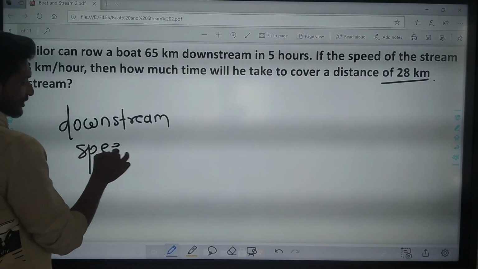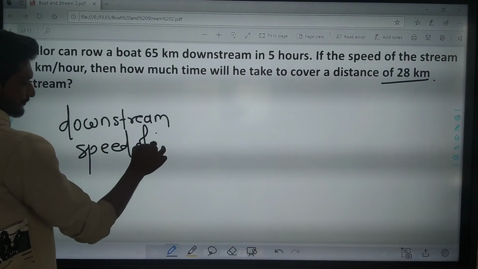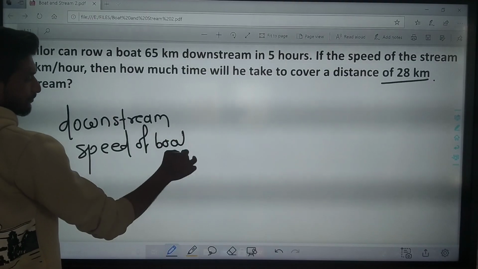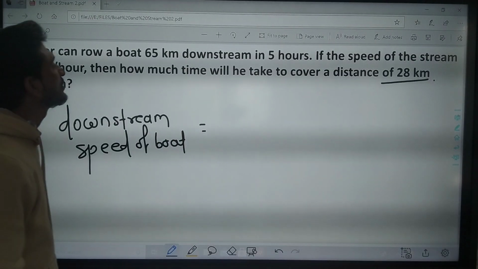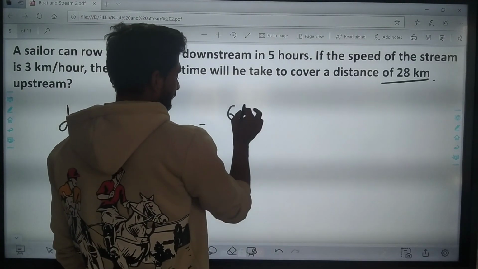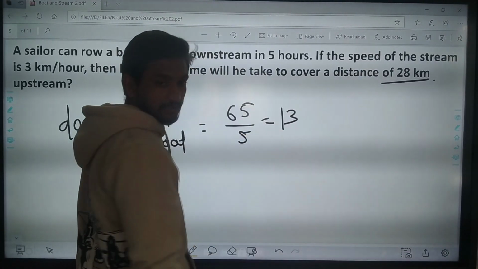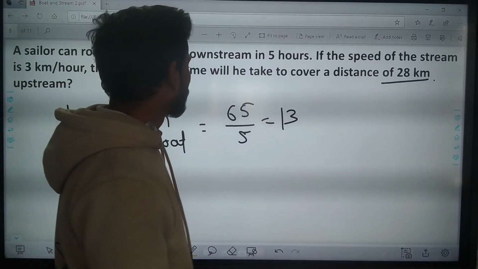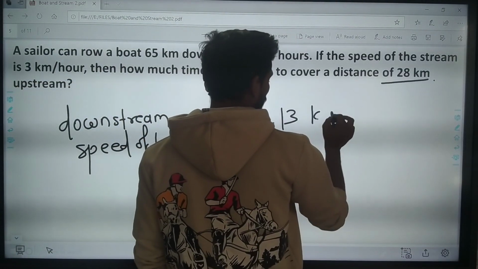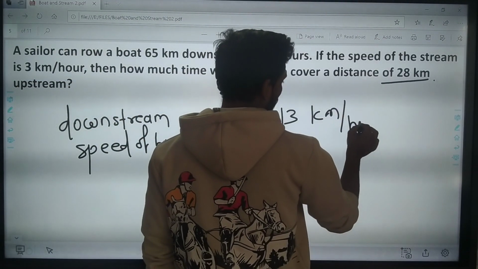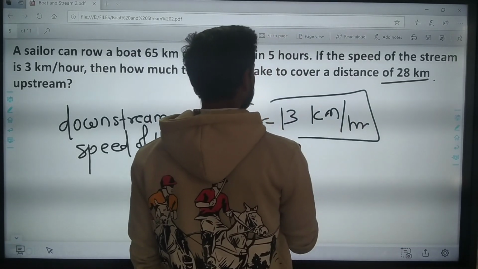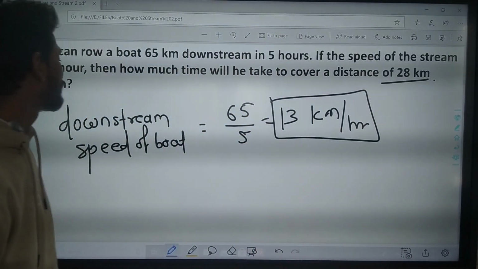Downstream speed of the boat is 65 upon 5, that is 13 kilometer per hour. This is your downstream speed.